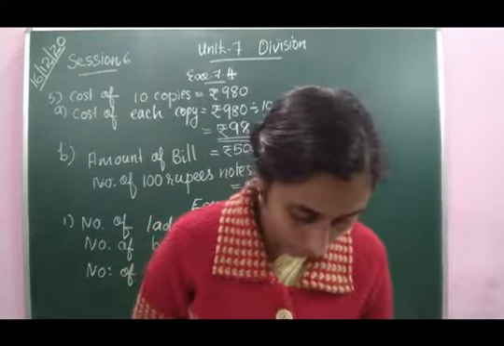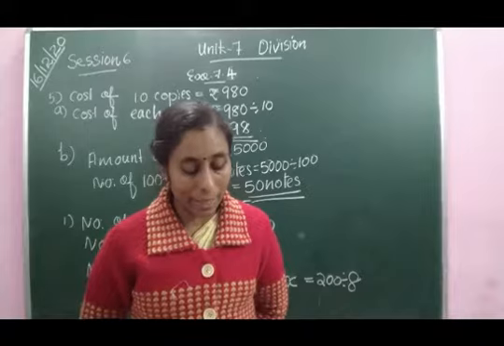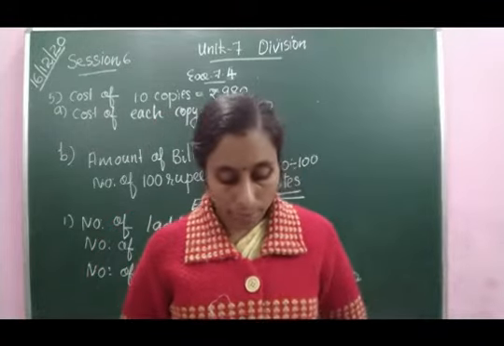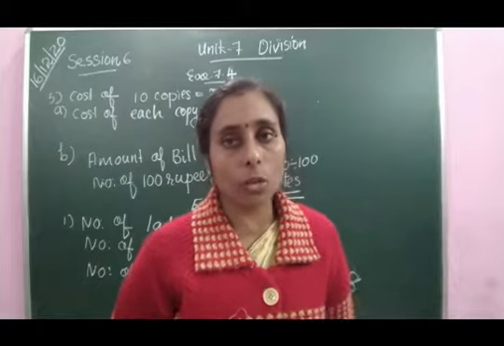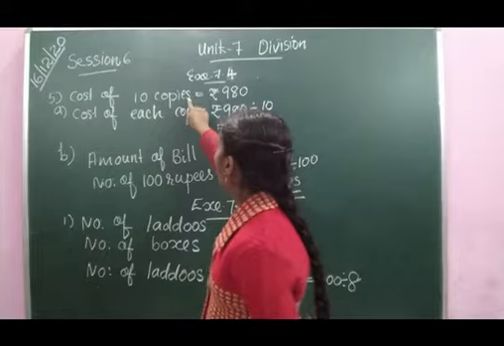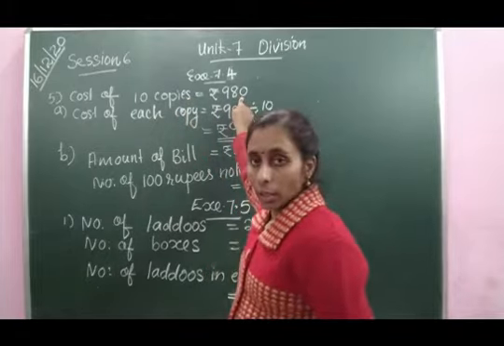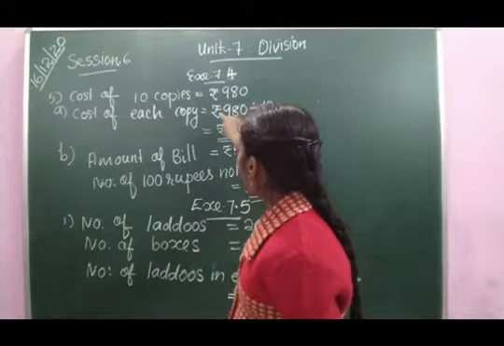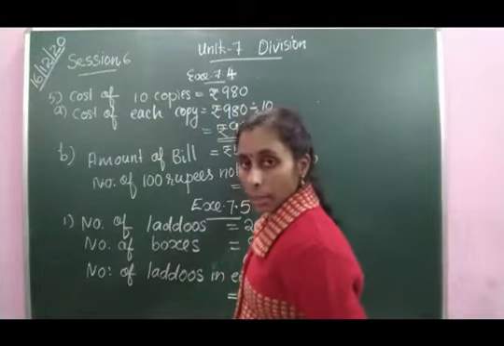Okay. Next one, word problem. A boy paid rupees 980 for 10 copies. What is the cost of each copy? Here I have written on the board. Cost of 10 copies, 980 rupees. Cost of each copy, 980 rupees divided by 10.